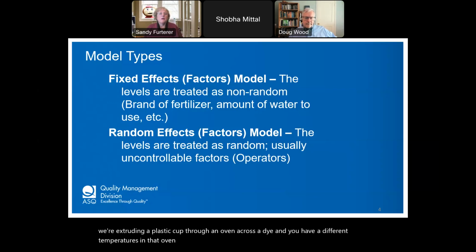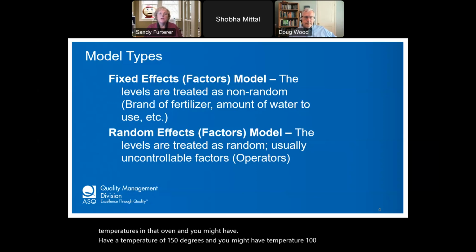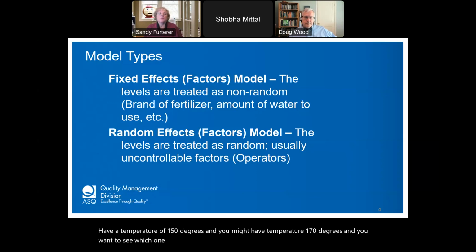You might have a temperature of 150 degrees, and you might have a temperature of 170 degrees. And you want to see which one gives you a better cup extrusion, better quality of the cup. And so that's an example of you picking those values based on knowledge of your process.